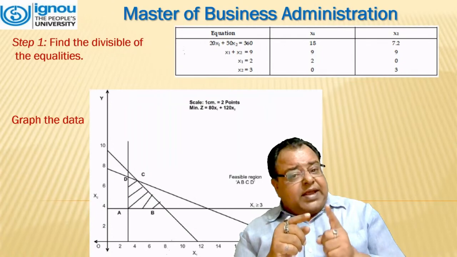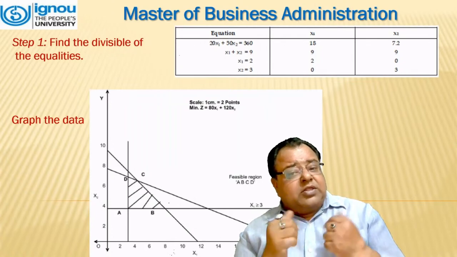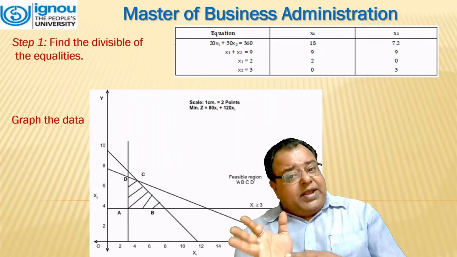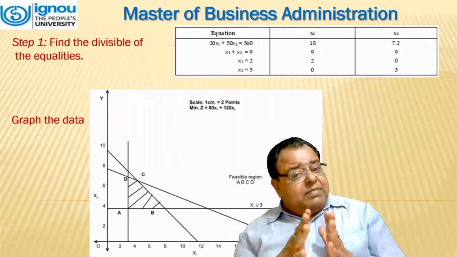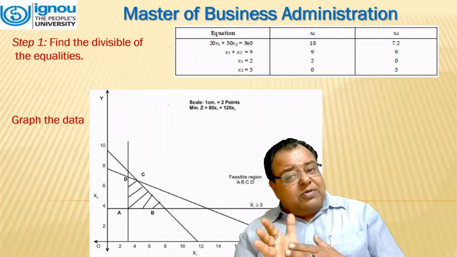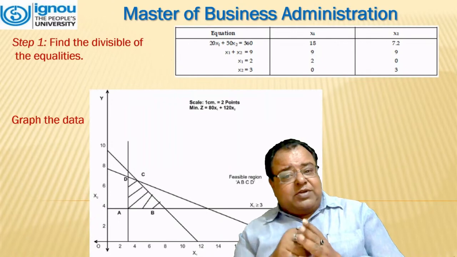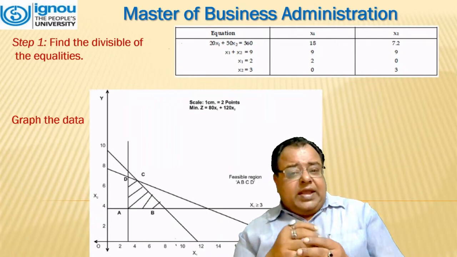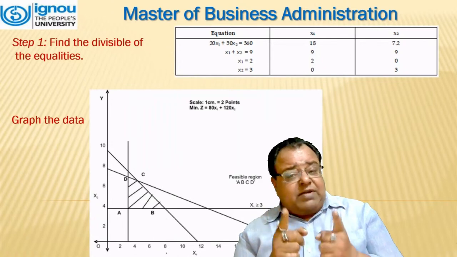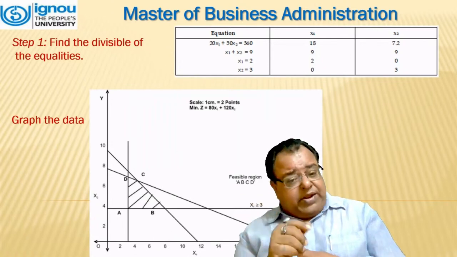Then X1 by 9 plus X2 by 9 equal to 1, so X1 will be 9 and X2 will be 9. And X1 by 2 equal to 1, so X1 will be 2. Similarly, X2 will be 3.